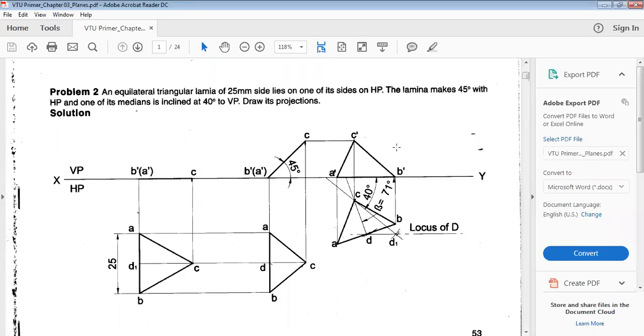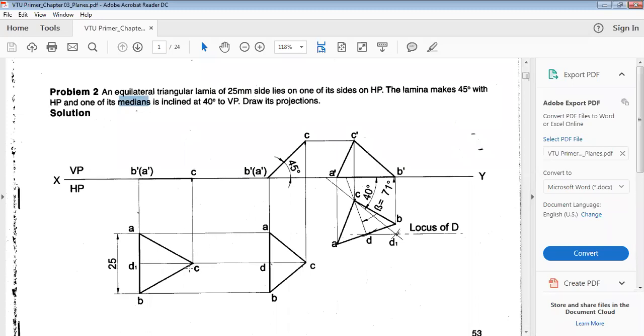Why? Because it is very clear that in the second sentence, what they've given, the lamina makes 45 degrees with HP and one of its medians. It's very, very important. So one of its medians. So this is the median. This is the median.